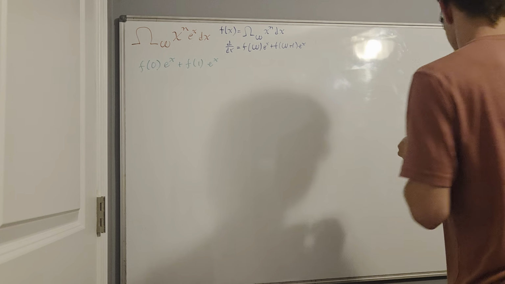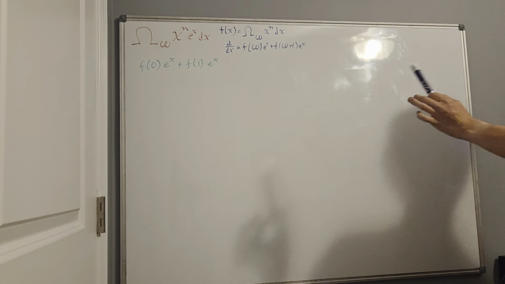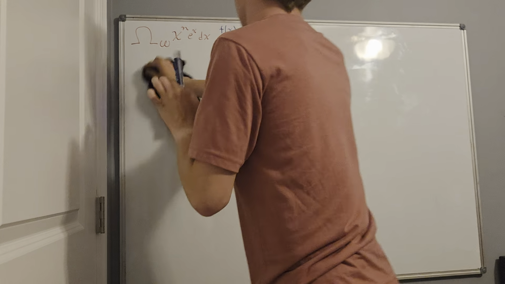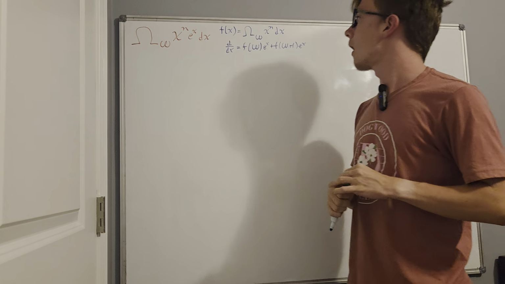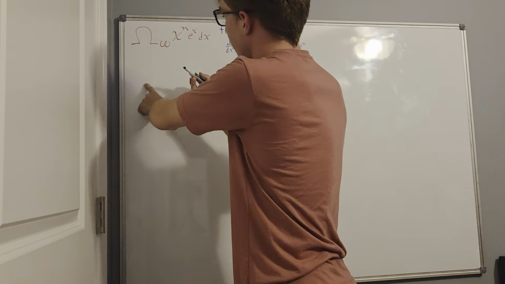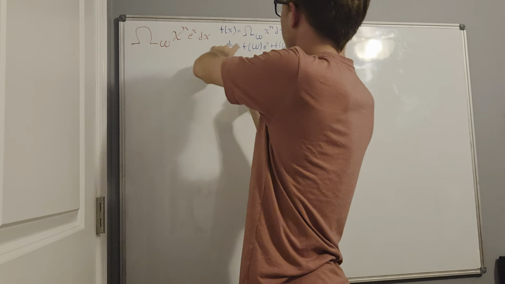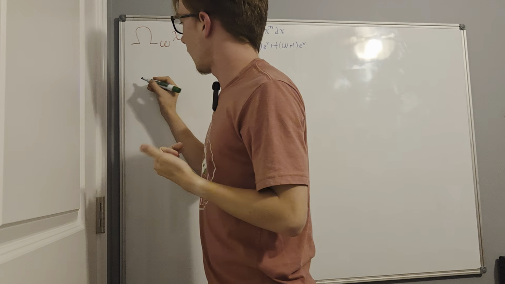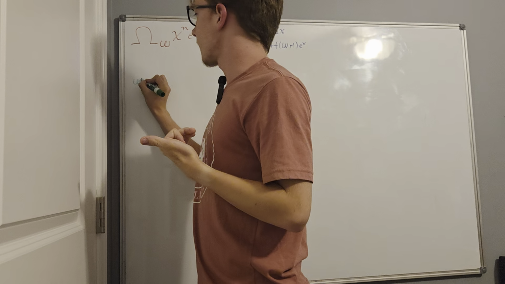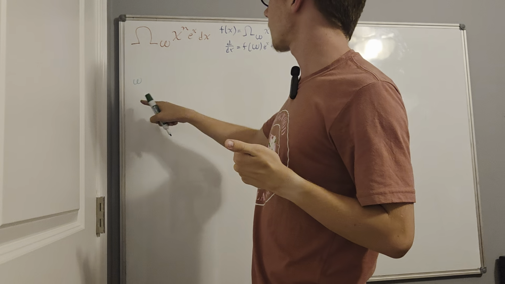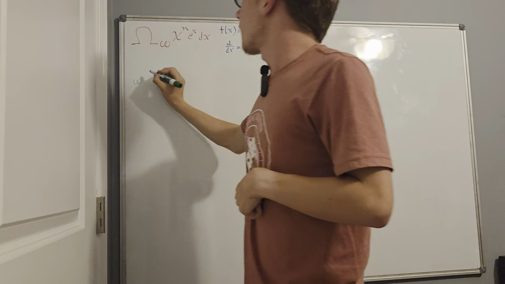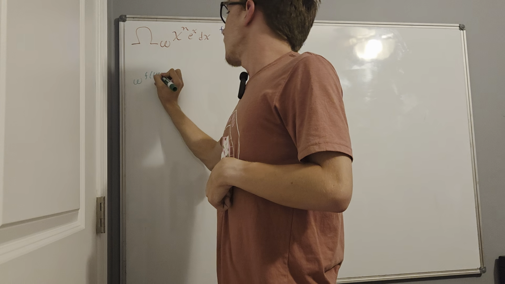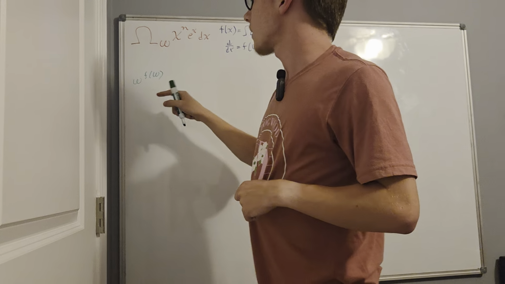Right? So what's going to end up happening, and the way I do a lot of these test ones, is I'm just going to create a table. For however many derivatives I'm taking, how many of each f of omega is there going to be?